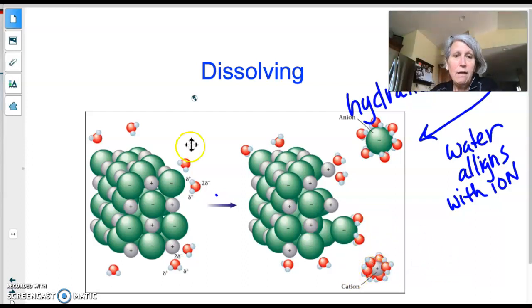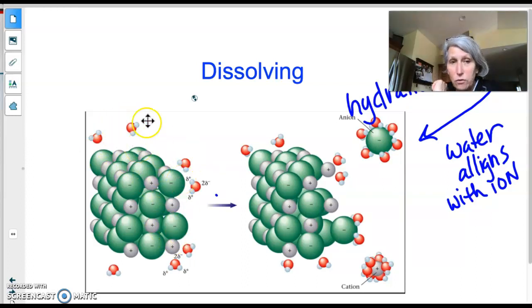The other thing to talk about is, let's go back to the factors affecting the rate of dissolving. If we increase the temperature, the water molecules in the solvent are going to be moving faster, which allows for more collisions with the solute, which increases the dissolving.